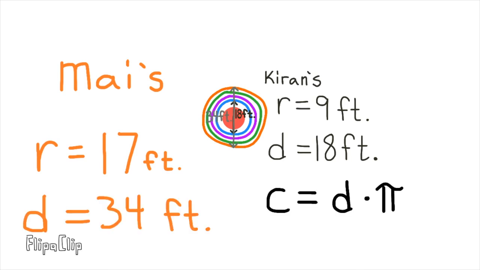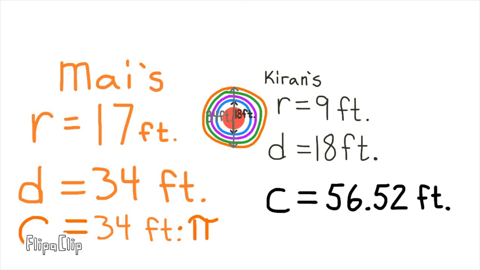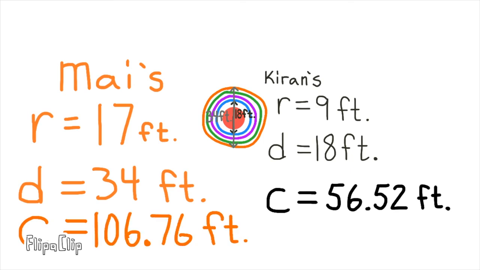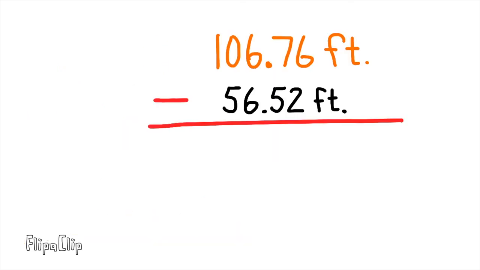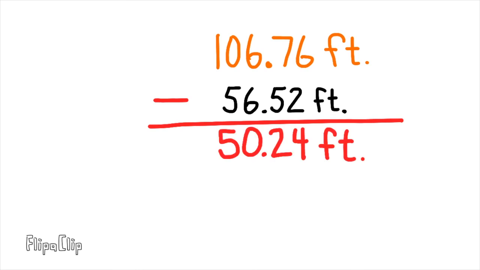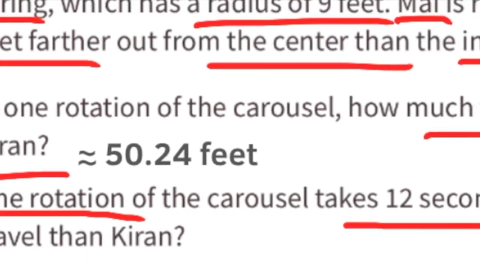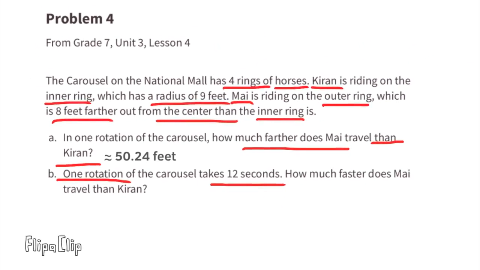The circumference of Kieran's circle is 56.52 feet, and the circumference of Mai's circle is 106.76 feet. That's a difference of 50.24 feet. That means that with one rotation of the carousel, Mai travels 50.24 feet further than Kieran.